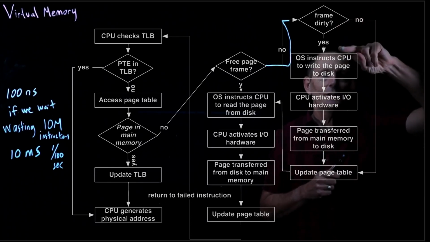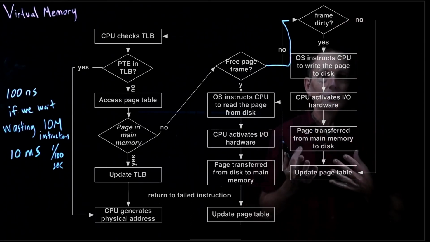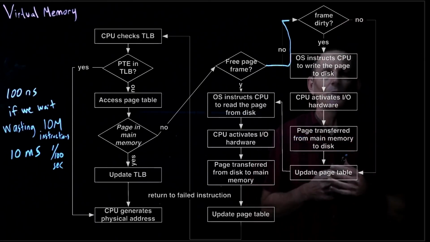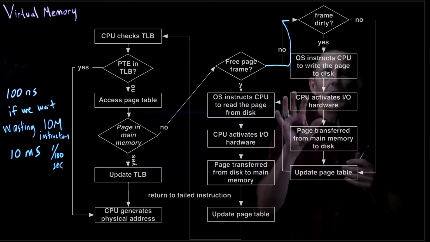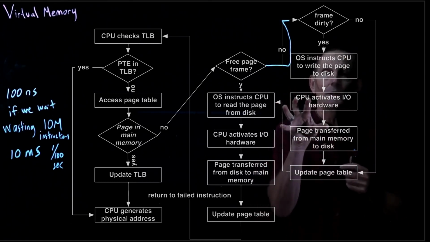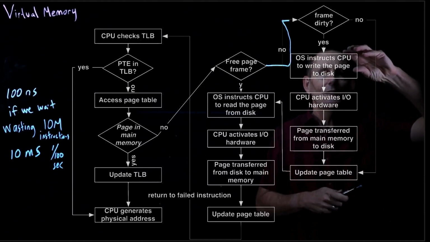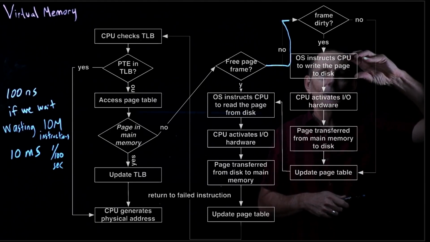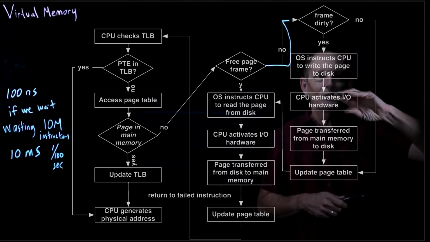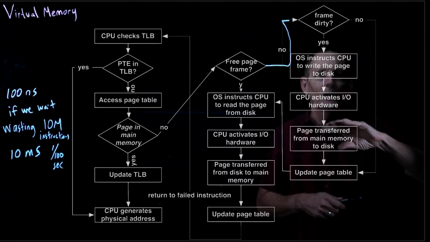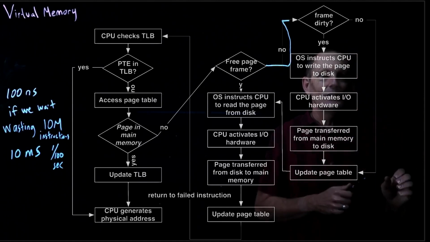If, on the other hand, it's dirty, well, that means it's been written to since the last time we loaded it. That written-to content is only in memory and nowhere else, so we have to save it. So we'll go ahead and basically tell the CPU we want to write this page to disk. Right? That is going to take some time. We'll activate some I/O hardware. It's going to transfer it from main memory to the disk.